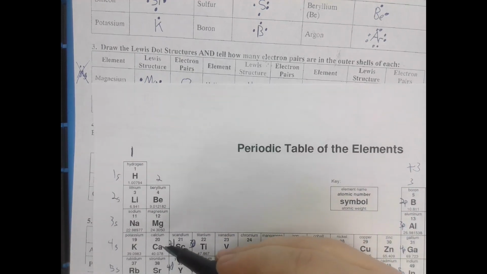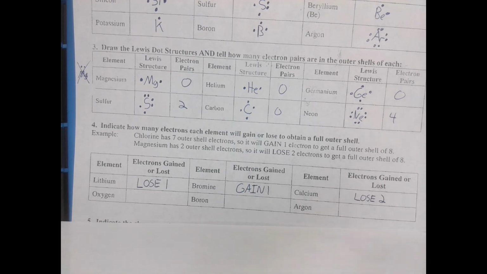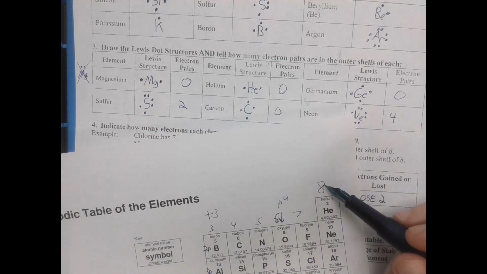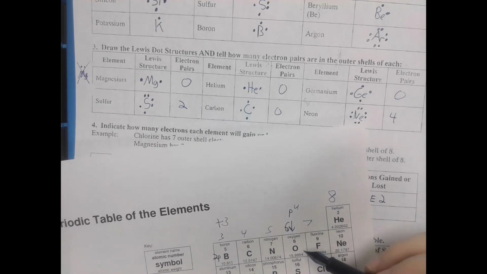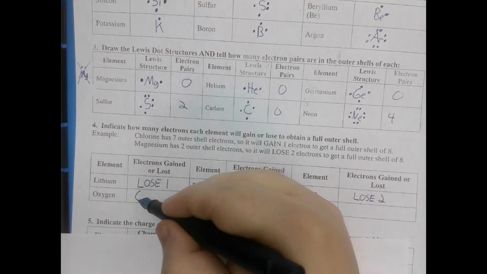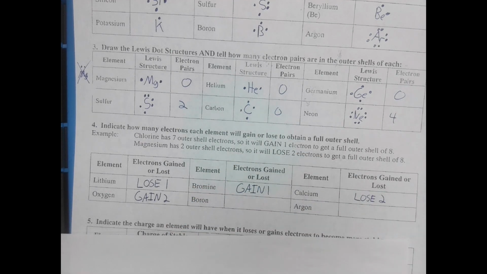Calcium has 2 valence electrons, so it either wants to lose 2 or gain 6. Easier to lose 2. Oxygen has 6 valence electrons, so it's either trying to get 8 or 0. So it's either going to lose all 6 or gain 2 to get 8. It's going to gain 2.